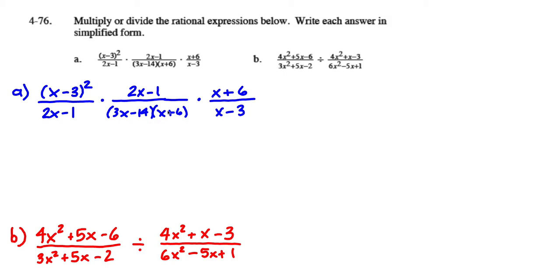So, what we've got here is just a big multiplication statement. These are all multiplication, so we can look for factors that will create values of 1 so that we may eliminate them from being expressed as they are. As we go through this, we've got the quantity of x minus 3 squared.